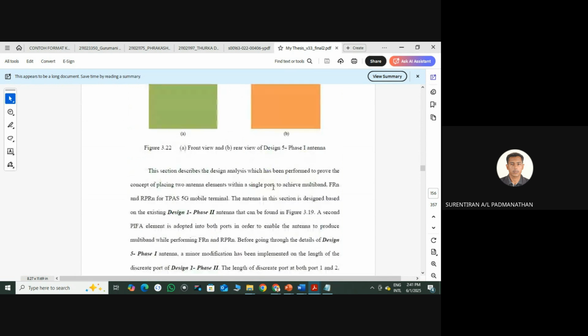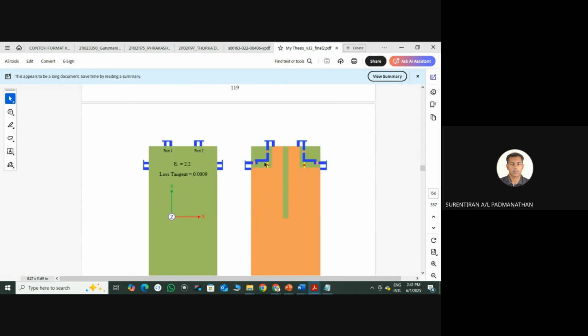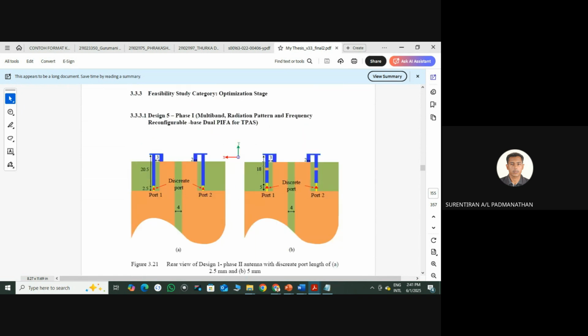Because there are some splits, right? From here, this is one antenna, directly connected. One port is the feed, so it's feeding the antenna itself.